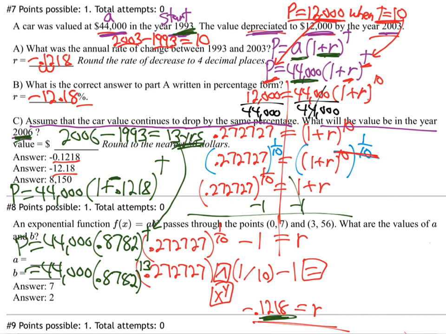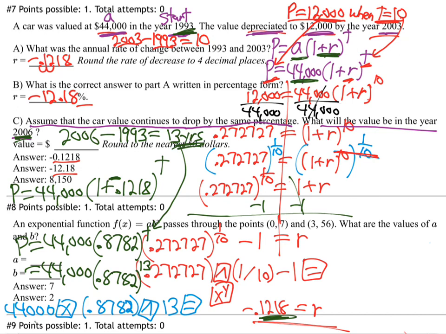So put that on your calculator now. 44,000 times, you don't need that comma. Let me try that again. So you got to type in 44,000 times parenthesis 0.8782 parenthesis to the power 13 equals.